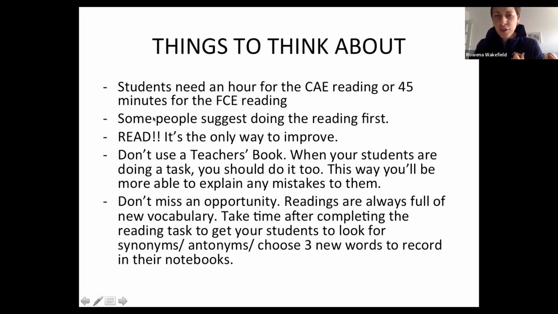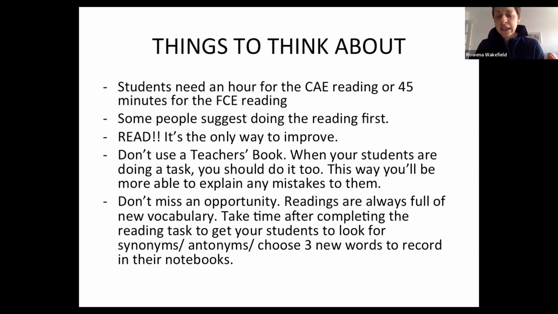I don't know if you guys have suggested this to students, but some people say it's good to do the reading first. So the idea is that you do the reading first and then work backwards. So then do parts 4, 3, 2, and end with part 1 because it's multiple choice, so you can do it quickly.